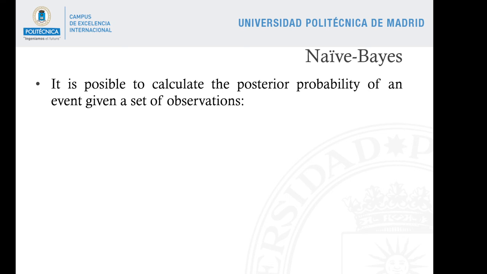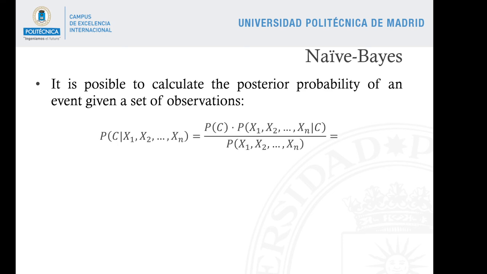Another classifier is the naive Bayes classifier. Okay, it is a probabilistic classifier which calculates the posterior probability of each label of the class given the set of observations that we have.